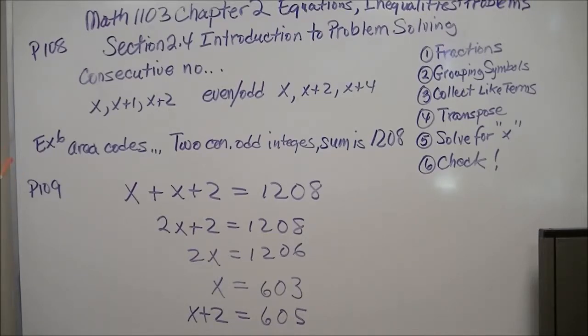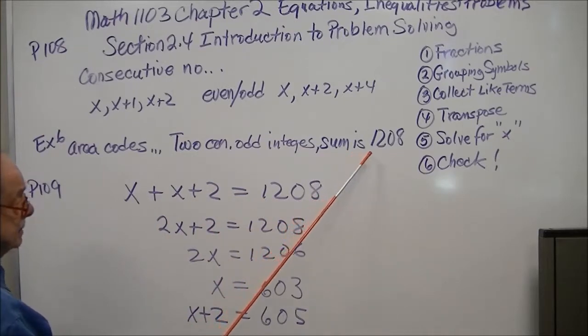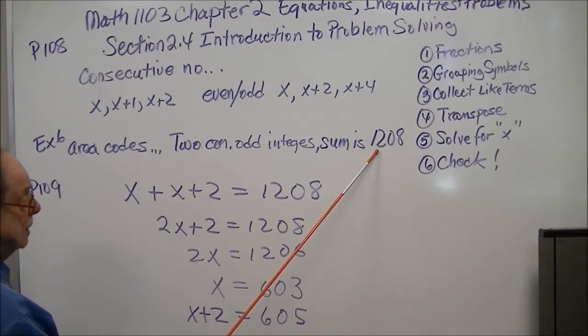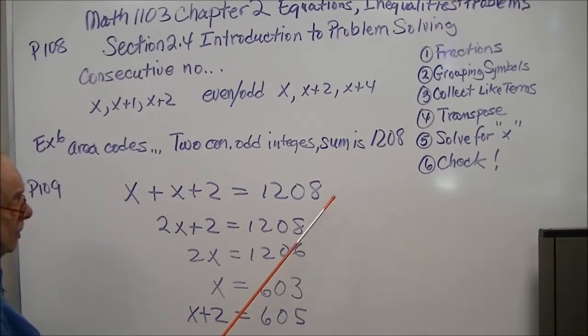Now, in some states, area codes are odd numbers. So they're asking that in this particular state, there are 2 consecutive odd integers as area codes, whose sum is 1,208, or 1208.